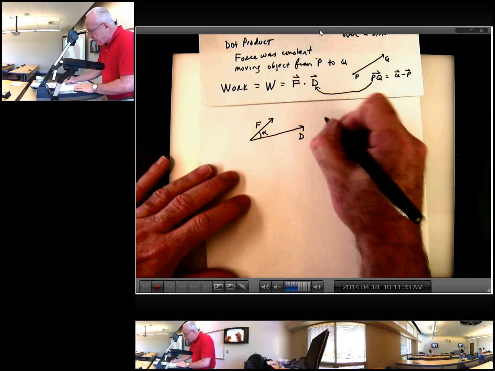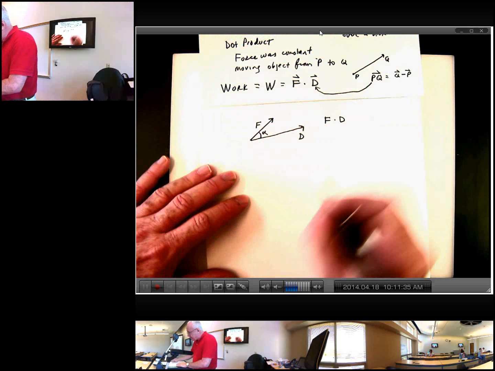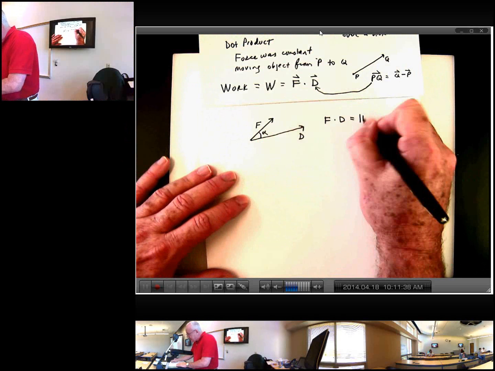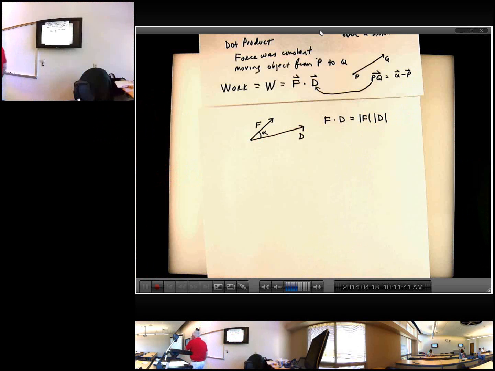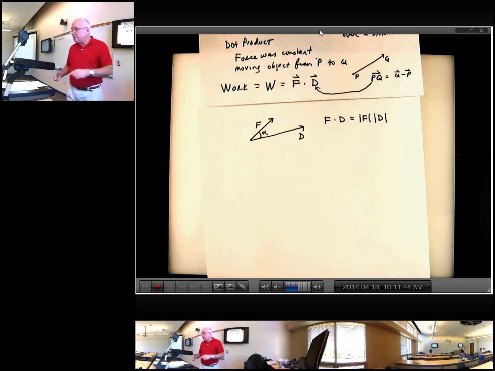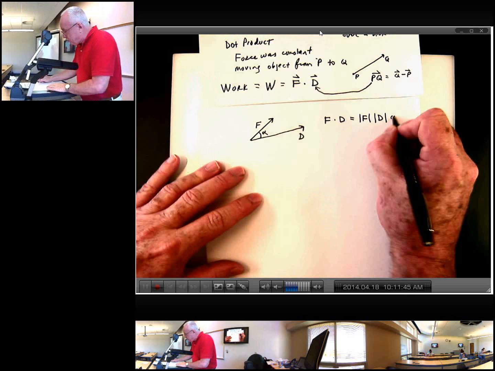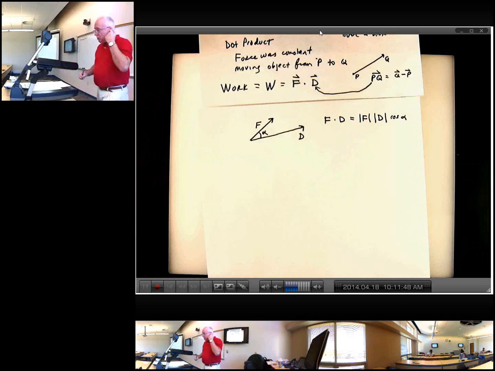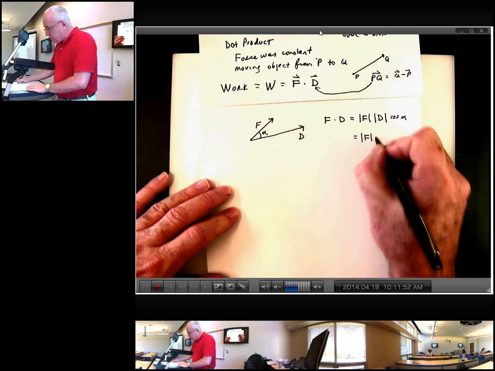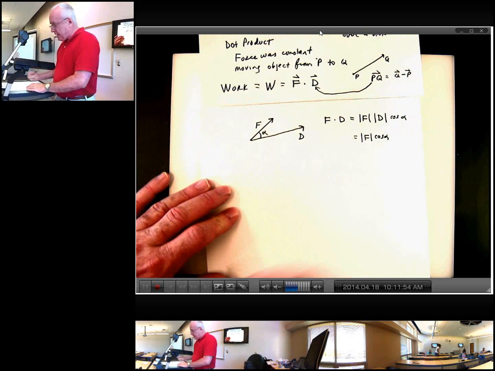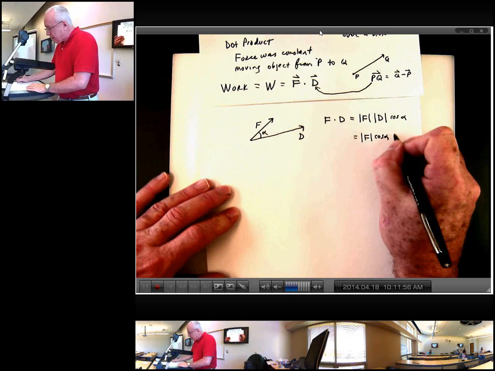Remember that the dot product F dot D is the magnitude of F times the magnitude of D times the cosine of the angle between them. Another way of writing this is the magnitude of the force times the cosine of that angle times the distance.